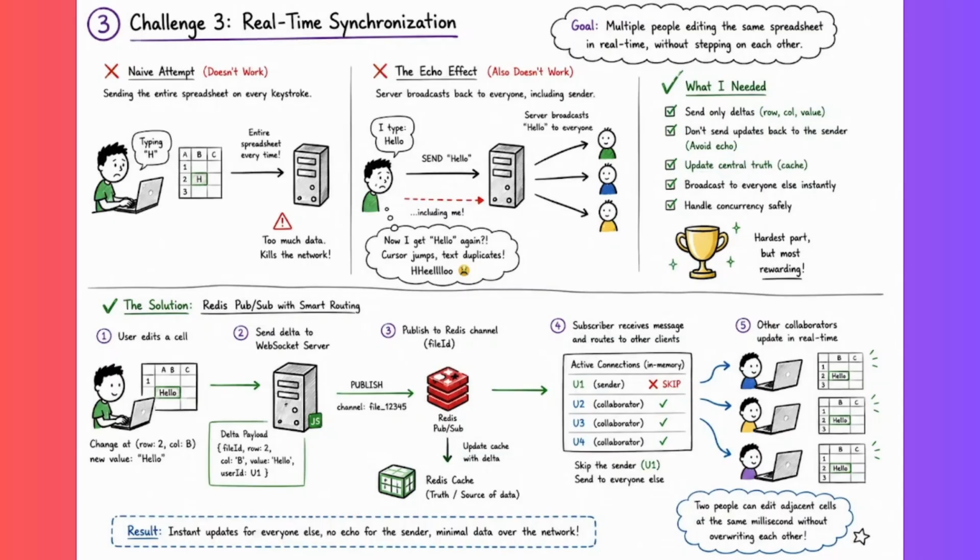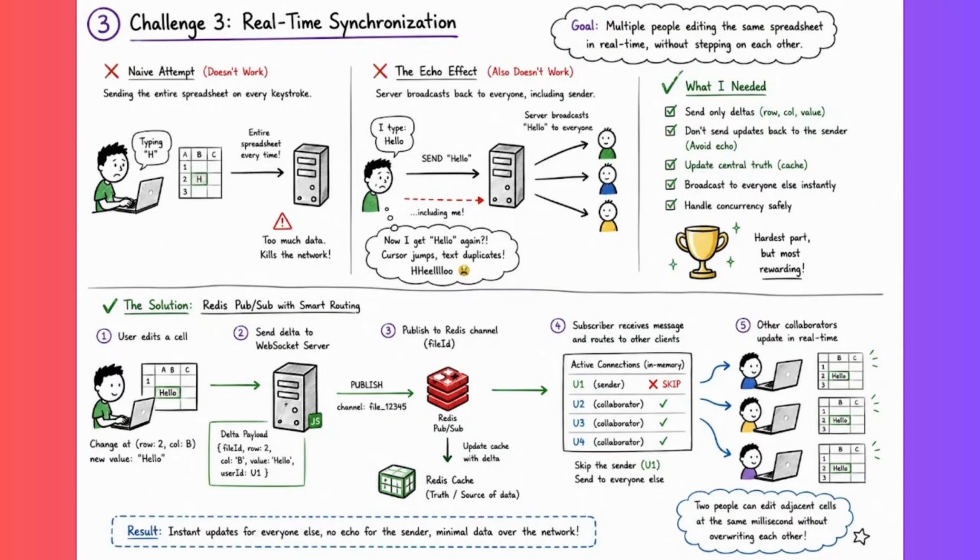But here is the critical part. When the server's Redis subscriber catches that message to send it to the clients, it iterates through an in-memory map of active connections, checks the ID of the person who sent it, and explicitly skips them.